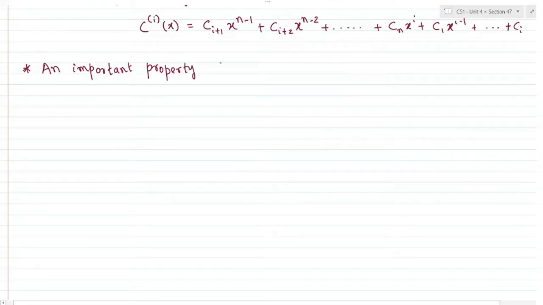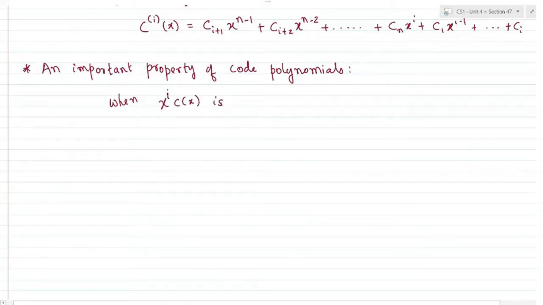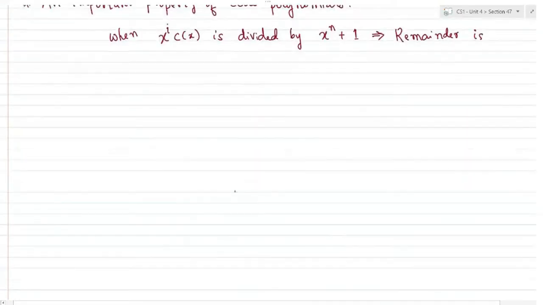An important property of code polynomials is that when I multiply C of x, the original code word, by x^i, and then divide by the polynomial x^n plus 1, then the remainder is, we'll see what would be the remainder. This could be one of the important properties going ahead.